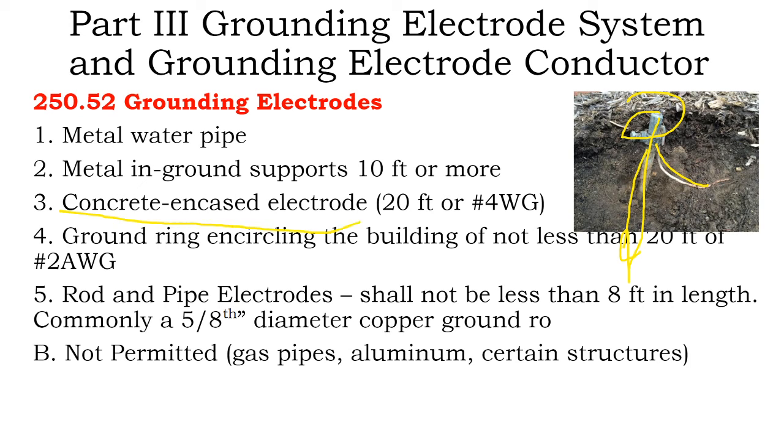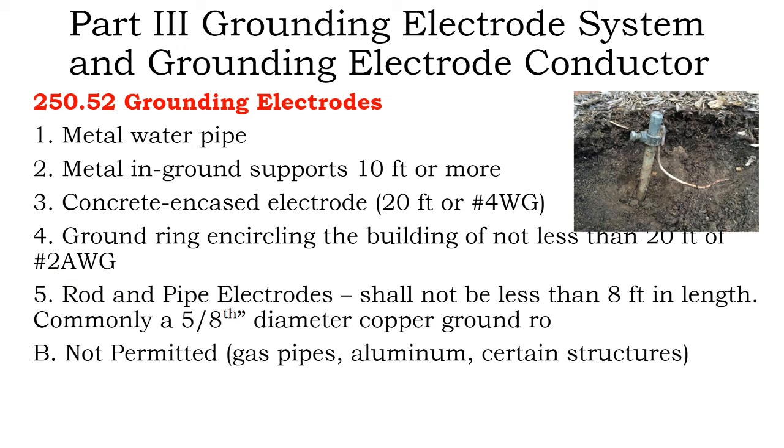Concrete is less conductive, and so there's more material that has to make up this ground than without concrete. If your ground is too hard to drive that rod in, there are other ways to do it. You can circle the building in copper. So there are ground rods, ground plates, and ground rings.